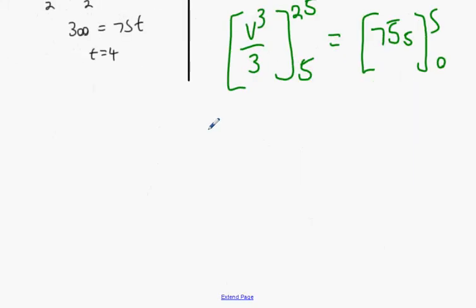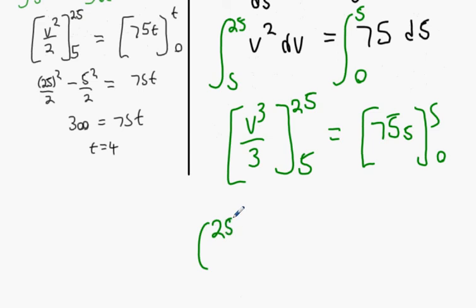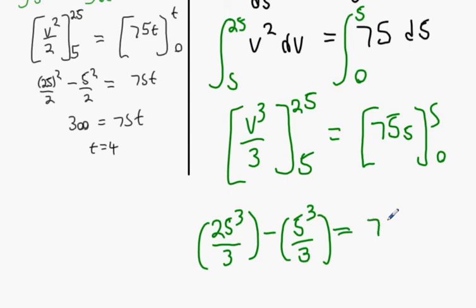Now 25 cubed over 3, take away 5 cubed over 3 equals 75s.